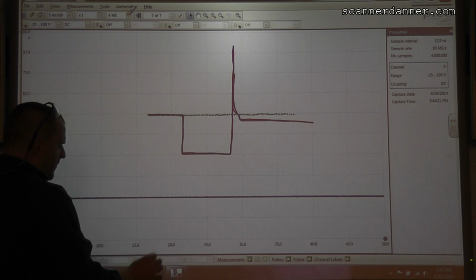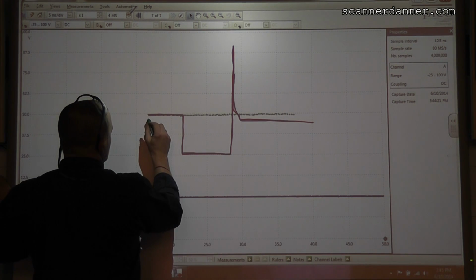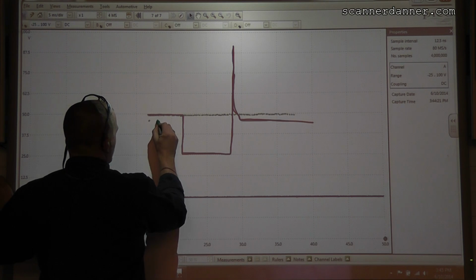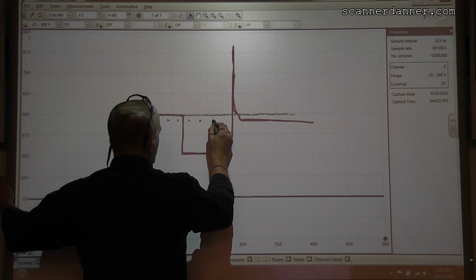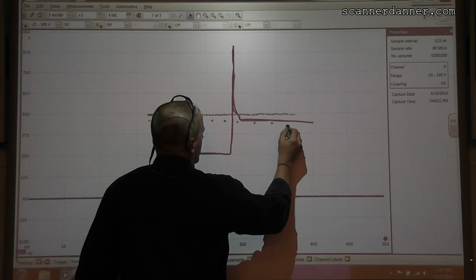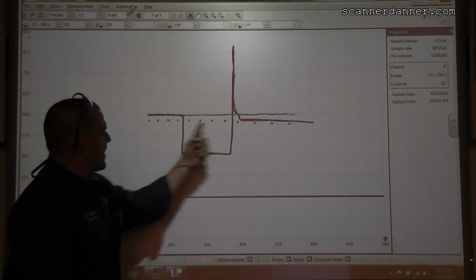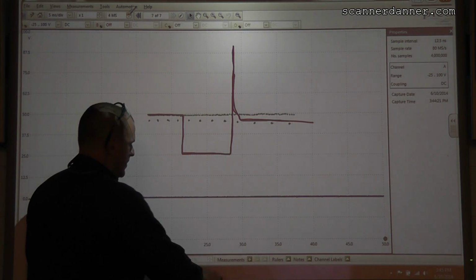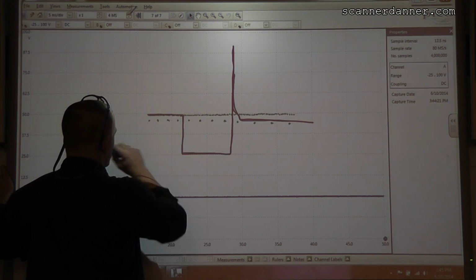What happens if my sample rate is, let's draw the green dots a lot further apart. What does this signal look like if that is my sample rate? See if I can draw it for you. I'll go a different color.